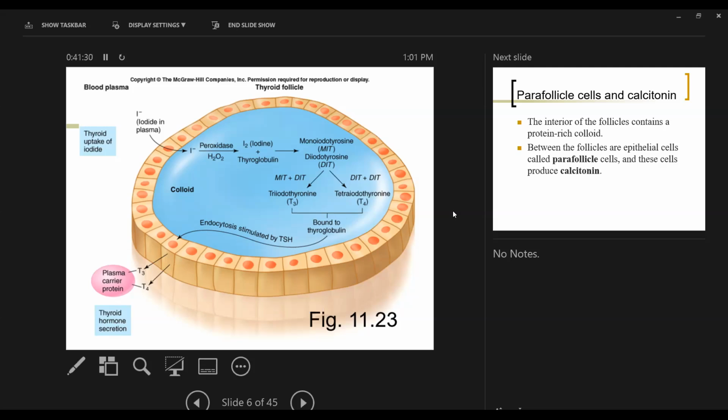You don't generate this any other place because it's really reactive. And it will undergo reaction with the thyroglobulin. Specifically, it will interact with the amino acid tyrosine. That is on the thyroglobulin.